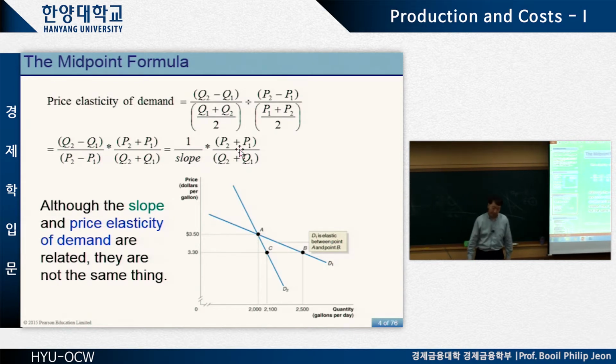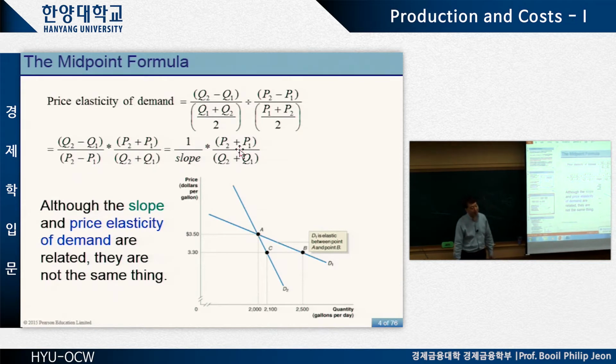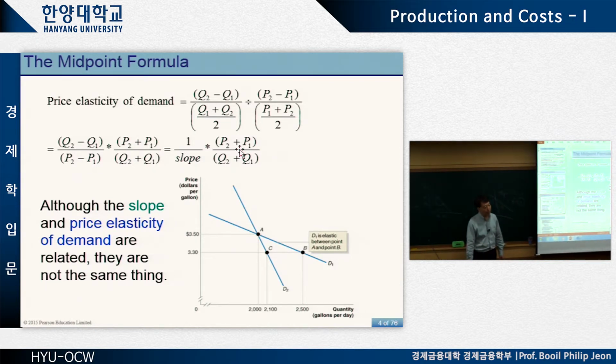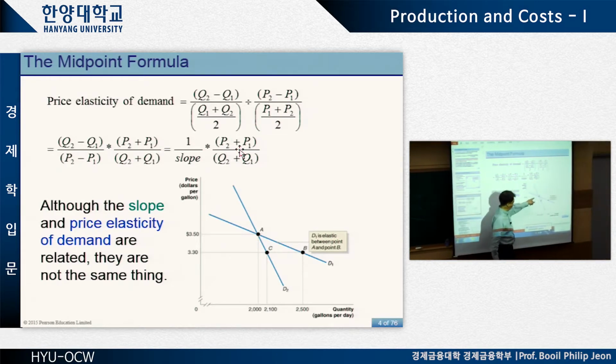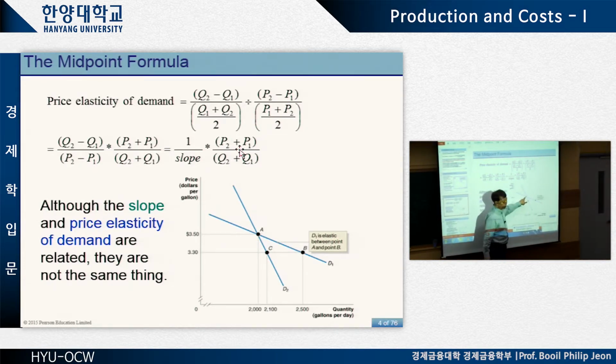And what about the elasticity at one point? You mean this crossing point, A? Anywhere. Like here? Yeah.